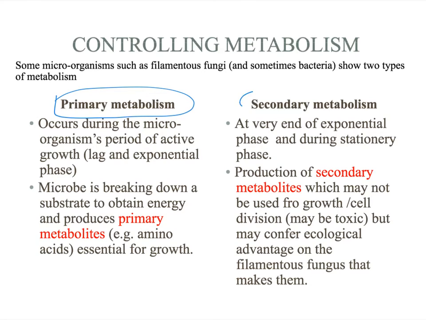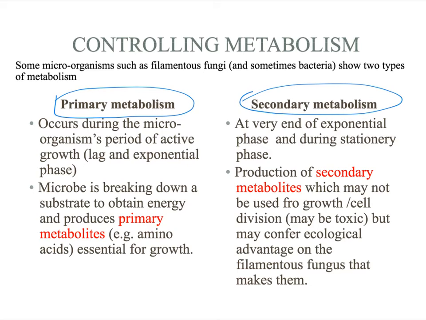The other type of metabolism occurs at the very end of the exponential phase or during the stationary phase. What happens there is that the organism has been doing a whole lot of division, and it now produces secondary metabolites. They may not be used for cell growth or cell division, but they might have some sort of ecological advantage for the fungus that makes them.